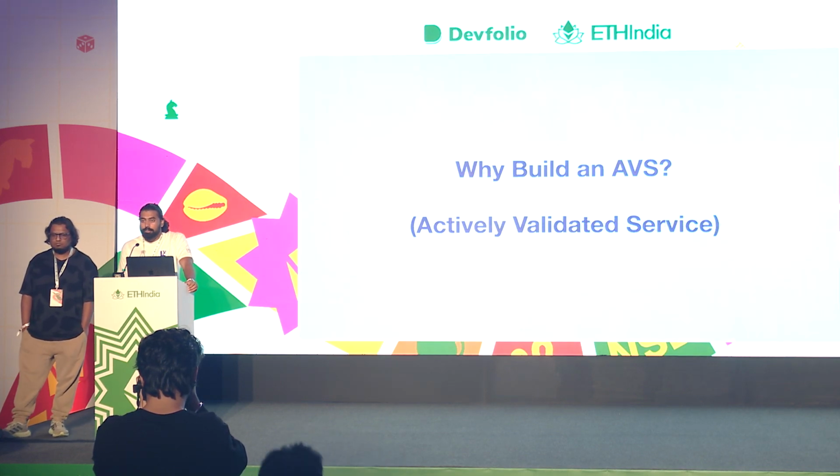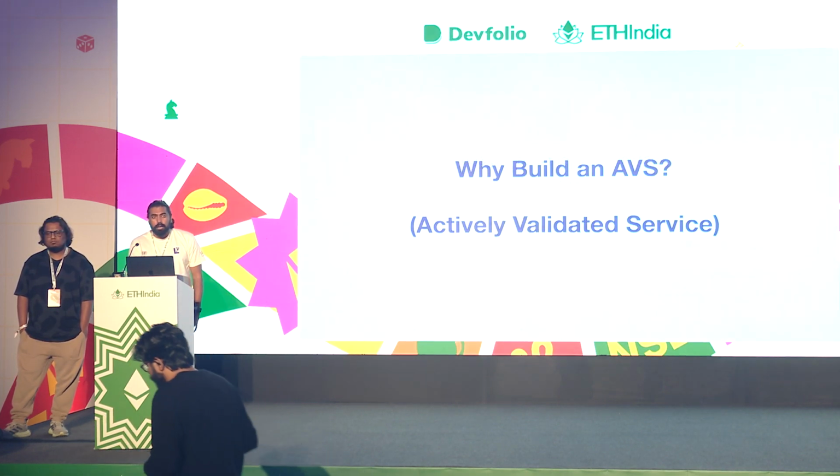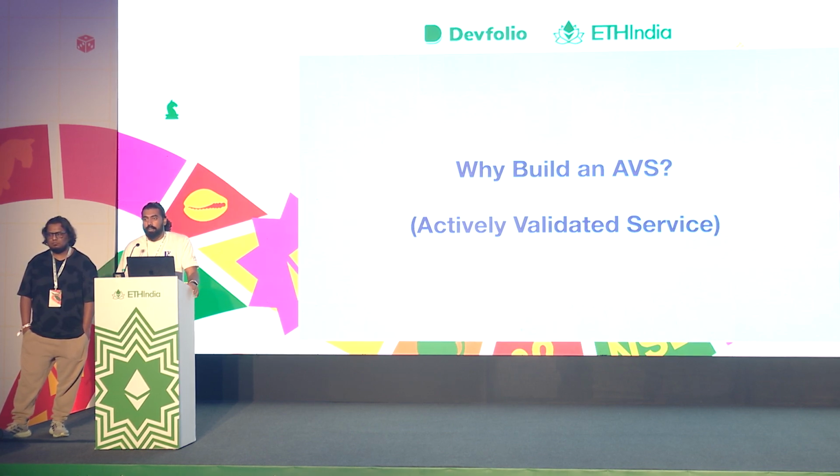So why build an AVS? What is an actively validated service? Imagine Ethereum. We have so many services built on Ethereum, like bridges, for example, and oracles, and we need all this to run DeFi or lending markets. All of these applications built on Ethereum require services like oracles, bridges, whatnot. These are services that are external to Ethereum, and these require some sort of security, so we can use them and be confident that our funds are safe and secure.